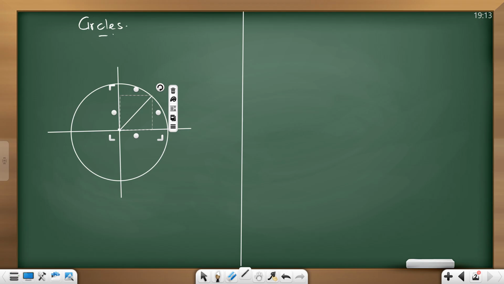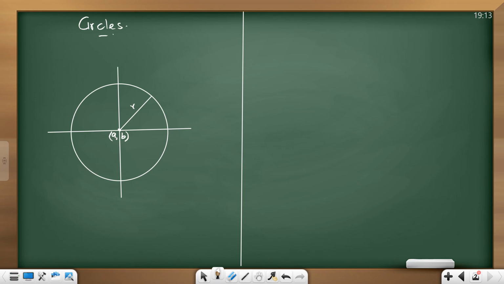And another thing, it has a radius. We have A and B as the coordinates of the center of the circle. The center is A and B, and the radius is R.